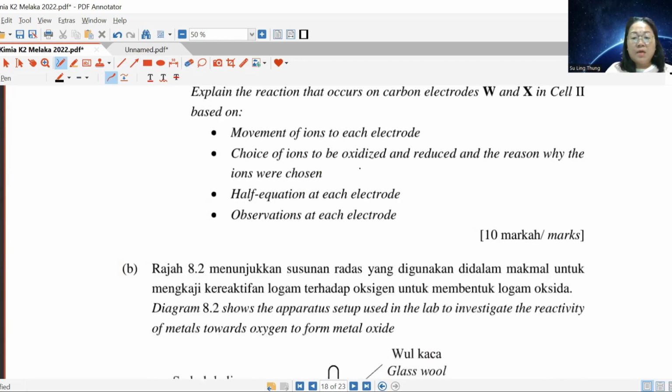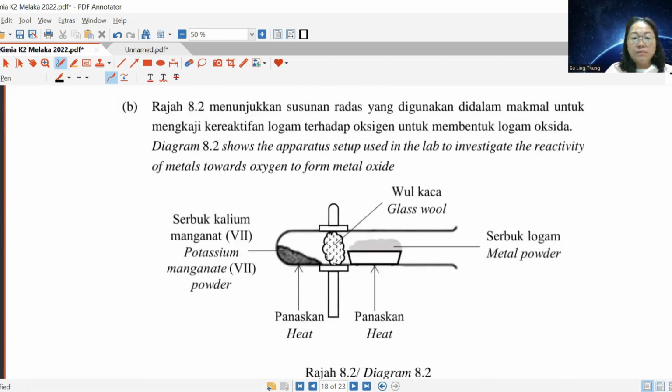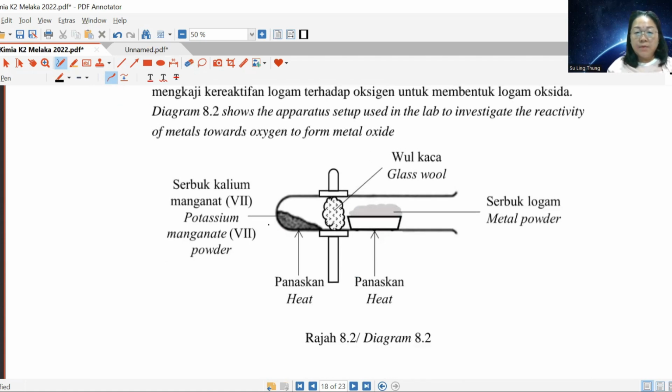Okay, now let's look at question B. Question B is about diagram 8.2, which shows the apparatus setup used in the lab to investigate the reactivity of metals towards oxygen to form metal oxide. Actually, potassium manganate 7 powder is heated here in order to produce oxygen gas.